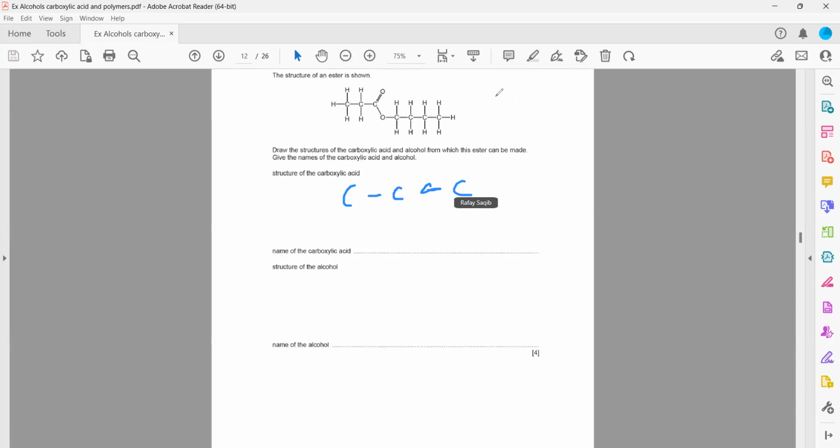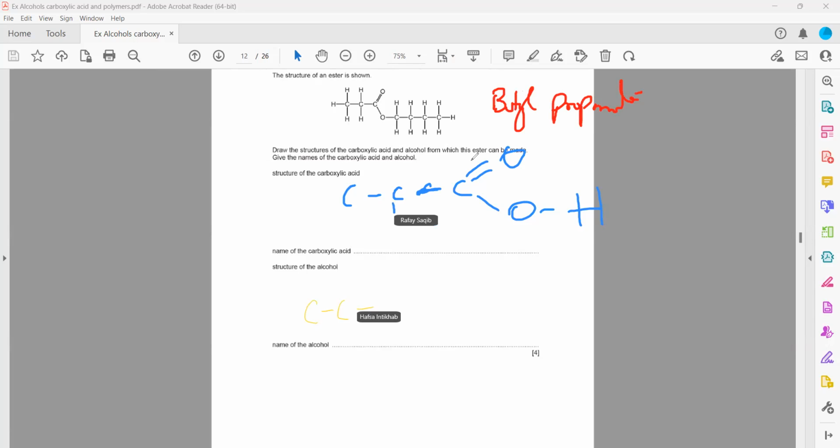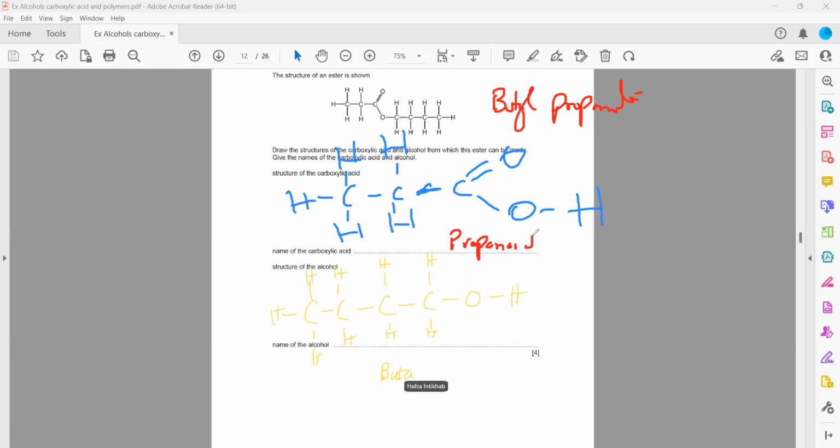The name of the ester was butyl propanoate, so you have to draw propanoic acid, and then butyl means you have to draw butanol. Yes, that's right. Between them, you have to name this. This will be propanoic acid, and this one will be butanol.